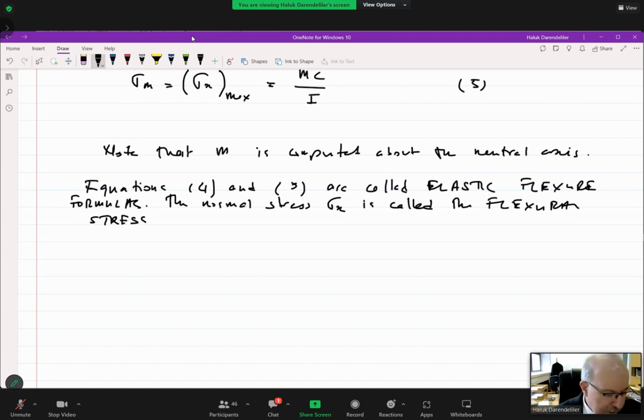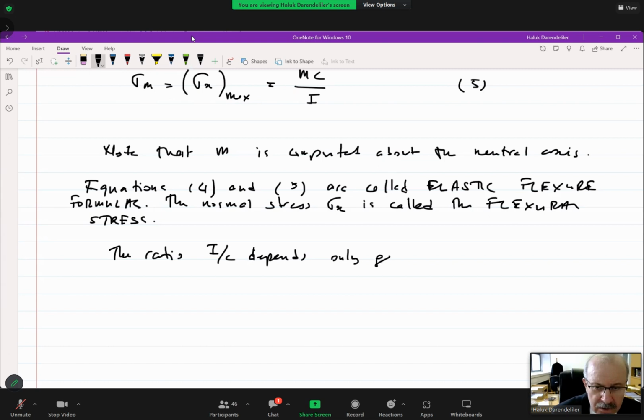Okay. Now, the ratio of I over C depends only on geometry. Now we discussed this in torsion.